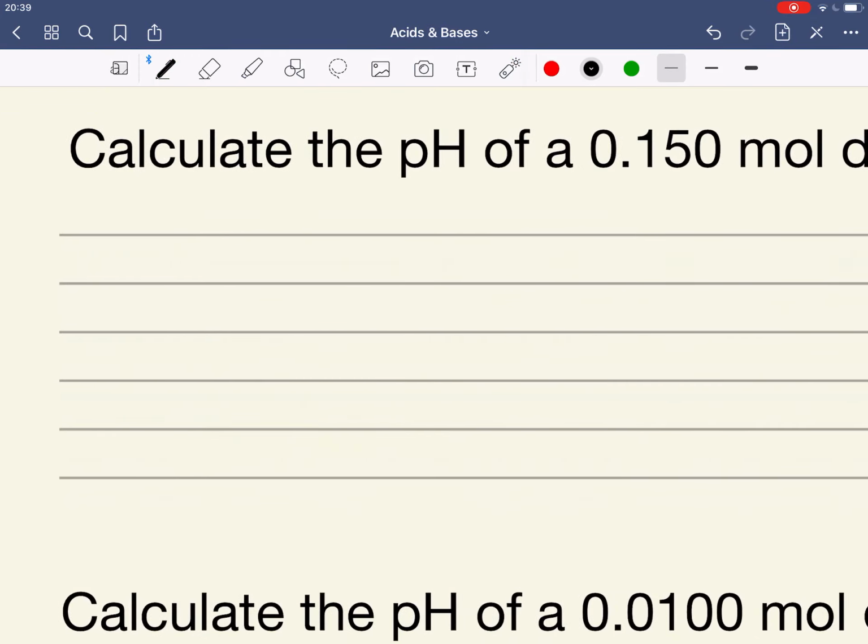And we have to make the assumption then that sodium hydroxide in solution fully dissociates into sodium ions and hydroxide ions.